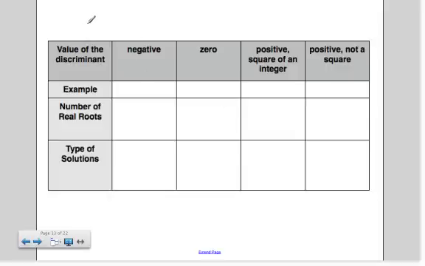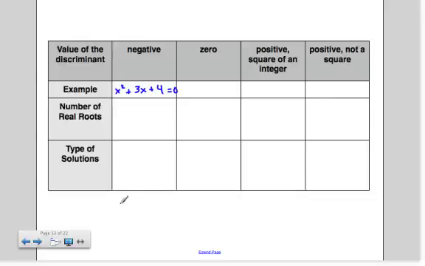So here's a little table to help you know how to solve and what kind of solutions you have. If the value of the discriminant is negative, an example of a quadratic whose discriminant would be negative is x squared plus 3x plus 4.